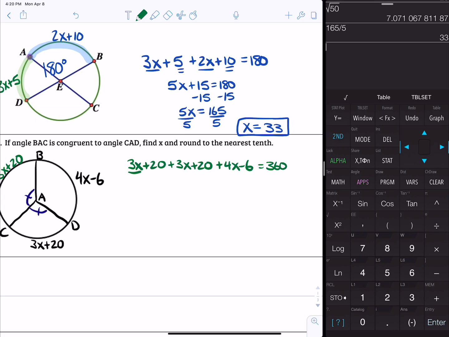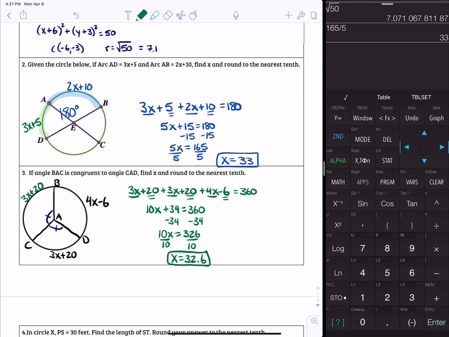So then combine like terms, so we have 10x, 20 plus 20 is 40, minus 6 would be 34, equals 360. So let's subtract 34 to get 10x by itself, and that would be 326. And divide by 10, so we get x equals 32.6. And then that's all we needed for that one.